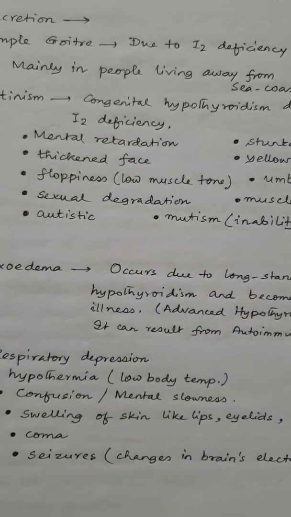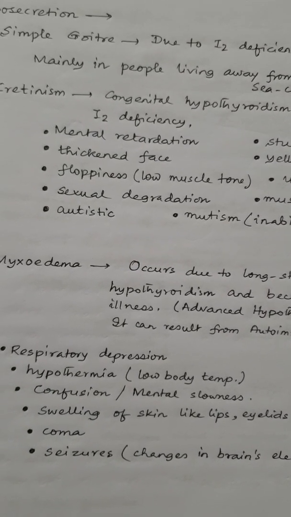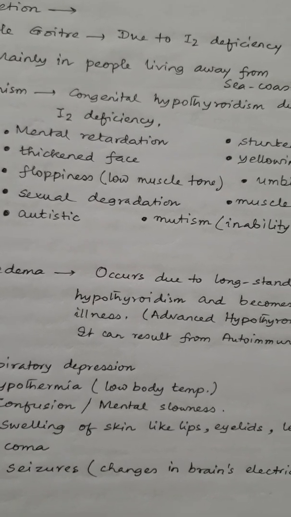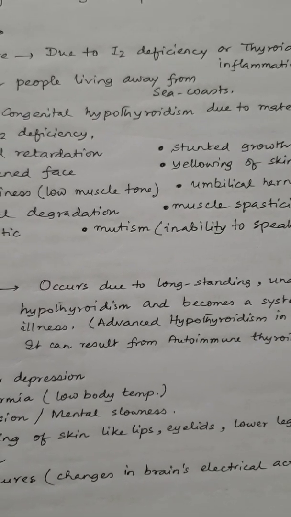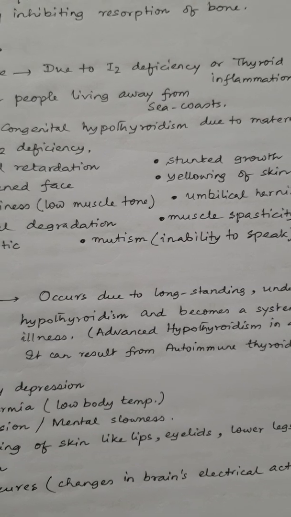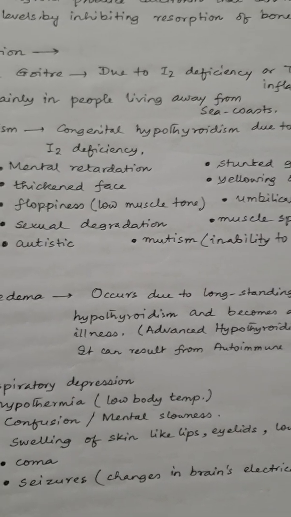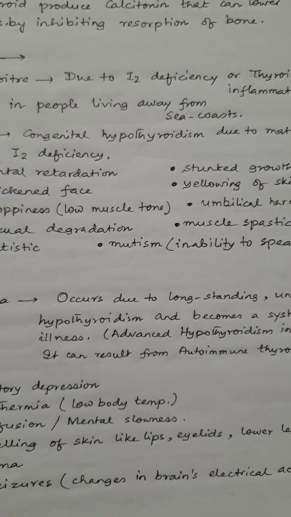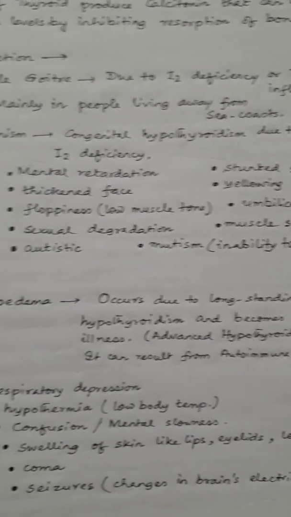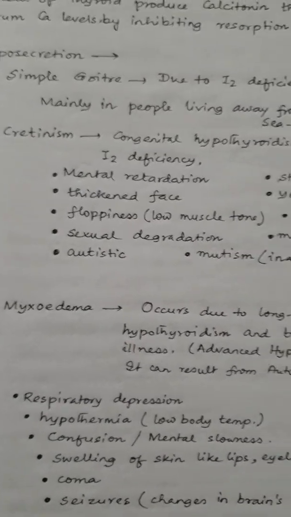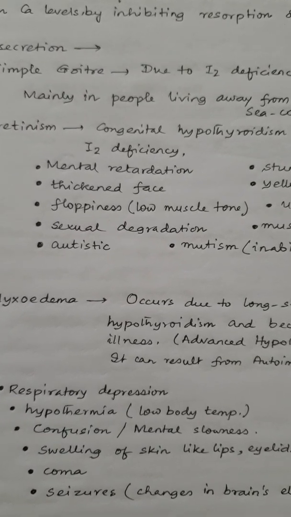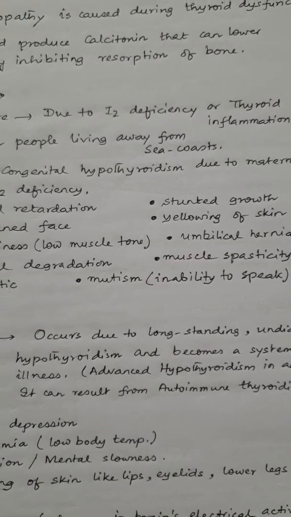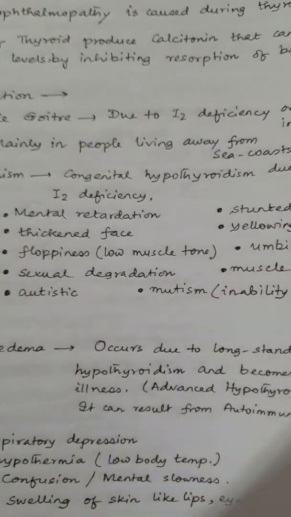Its symptoms are respiratory depression, hypothermia, confusion or mental slowness, swelling of skin like lips, eyelids, lower legs, and the likes. It can cause coma. It can cause seizures, that is, changes in brain's electrical activity.